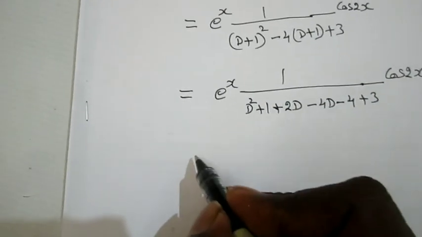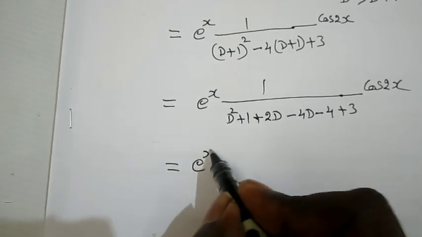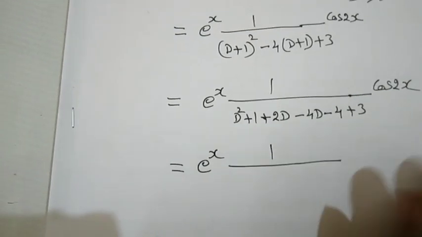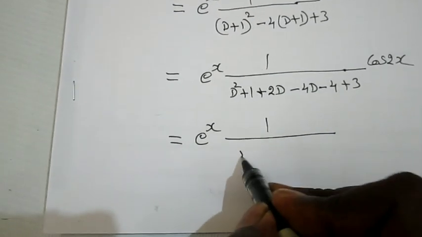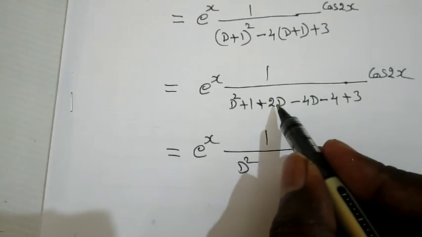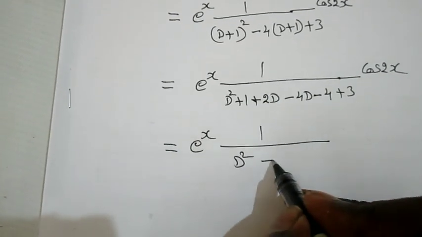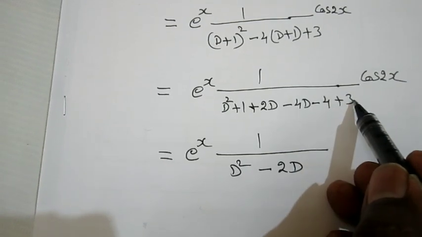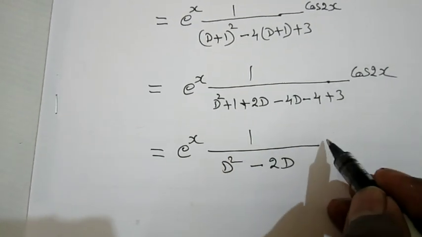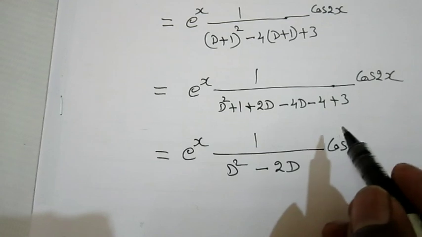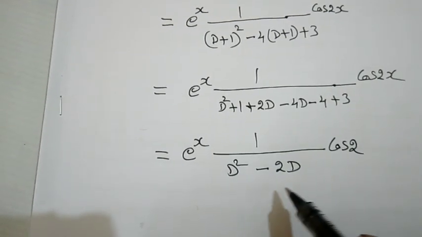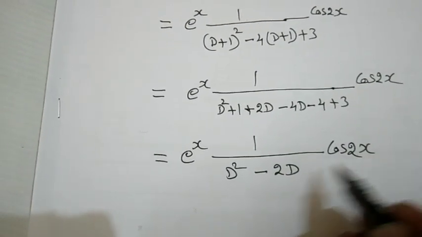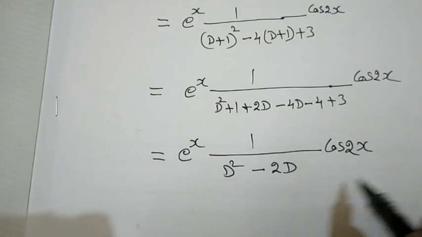So this is D square plus 2D minus 4D, which is minus 2D, and the constants 3 plus 1 minus 4 cancel, so only cos 2x remains. This is type 3, cos 2x.